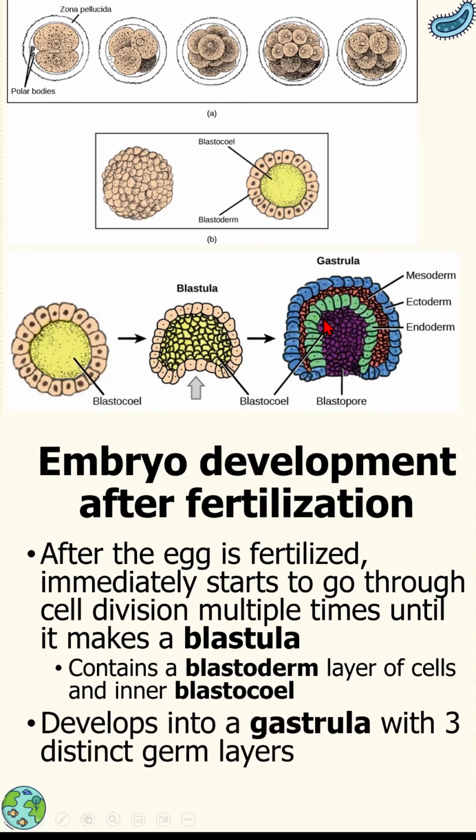And with the gastrula, because this bottom part has caved in, now we have three distinct layers in this structure, and those are what we call the germ layers. And so we have an inner layer called the endoderm. That was the part that kind of caved in. And then we have the outer layer, which is called the ectoderm, and then the mesoderm is in between. So that is that structure.